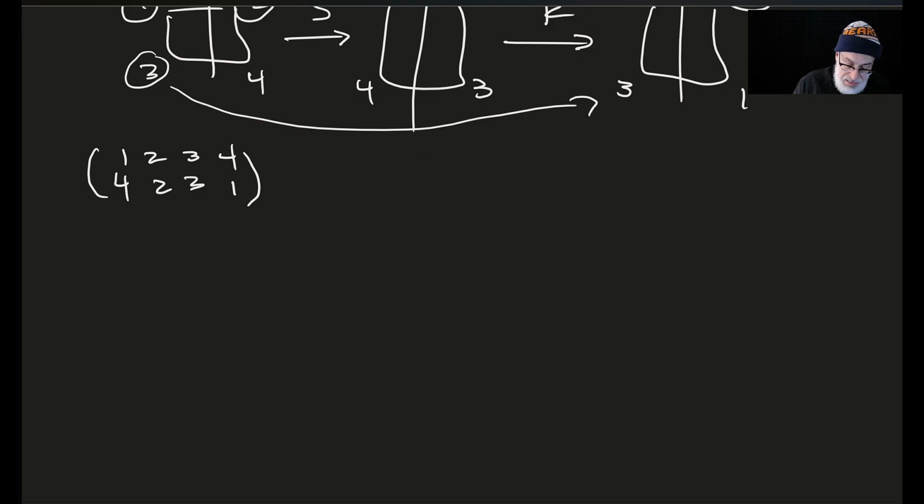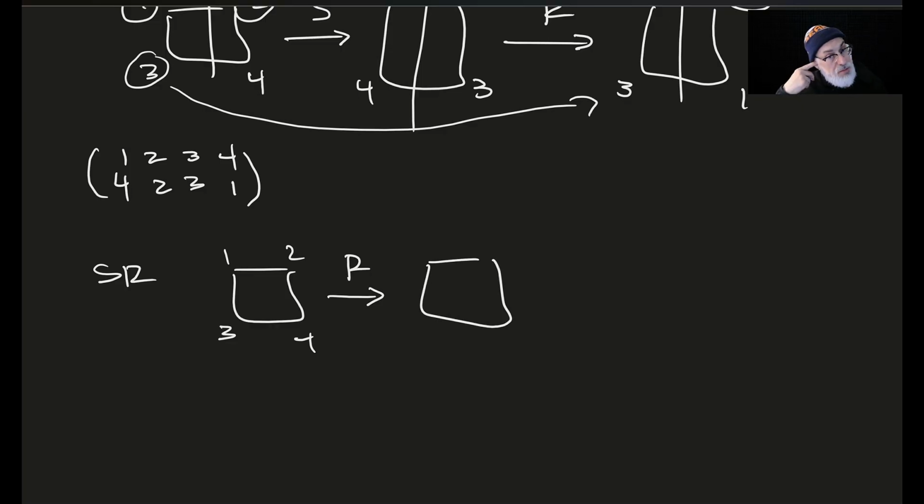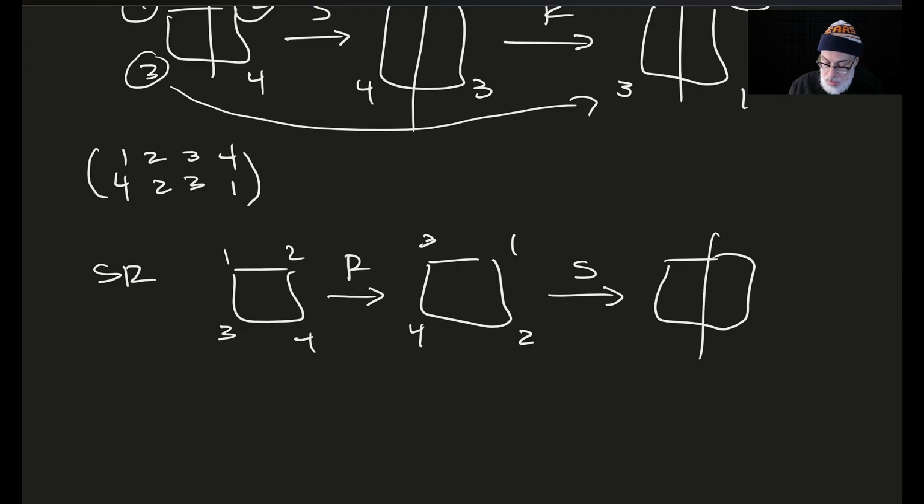Now let's look at what SR does. And we're going to apply this right to left, so the rotation comes first. Now you might think to yourself, well, if we're just reflecting and rotating, we should end up in the same spot. You're going to see that's not true. So if we rotate, 1 goes here, 2 goes here, 4 goes here, 3 goes here, and then we're going to flip about our fixed vertical line.